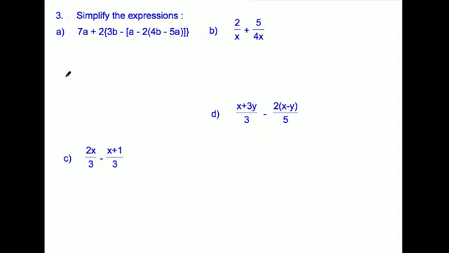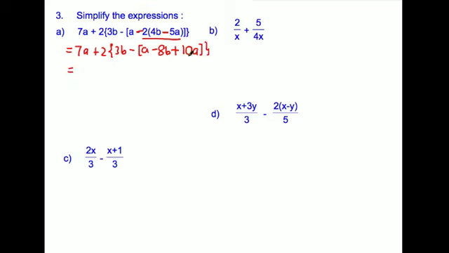Next, we need to simplify algebraic expressions. We need to open up the innermost brackets first. That is negative 2 times 4b is negative 8b. Negative times negative is positive. 2 times 5 times a, 10a.